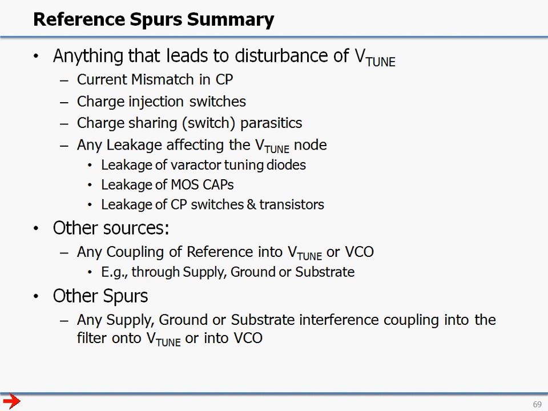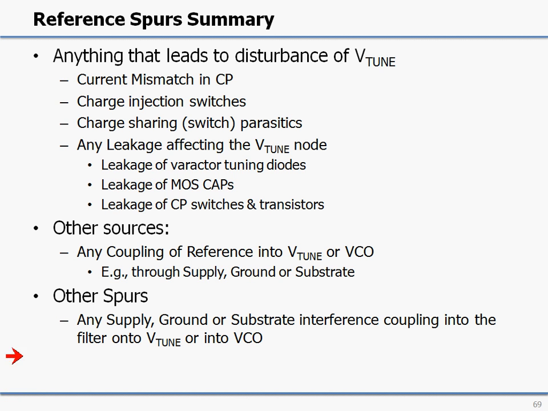Also, at this point, a short summary about reference spurs and some of the mechanisms that we need to watch out for that go beyond what we have discussed so far. So we have concluded that any disturbance that we get on the tune node will result in reference spurs of some kind, because it will be corrected with narrow current pulses which have a lot of energy at the reference frequency and its harmonics.